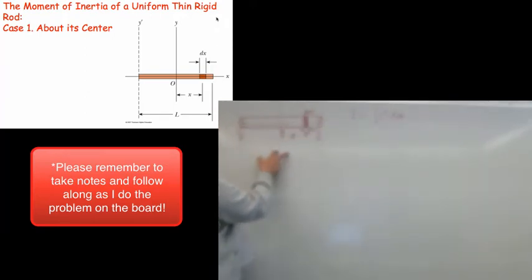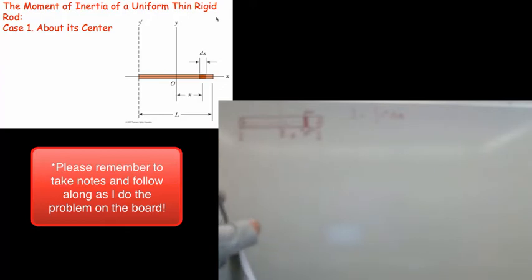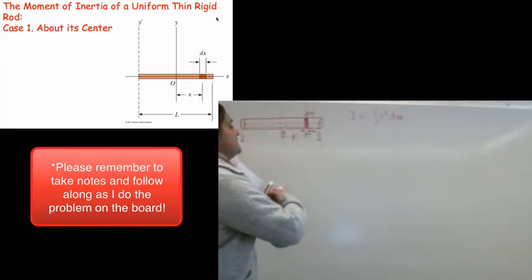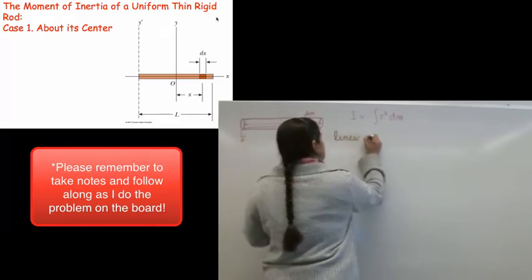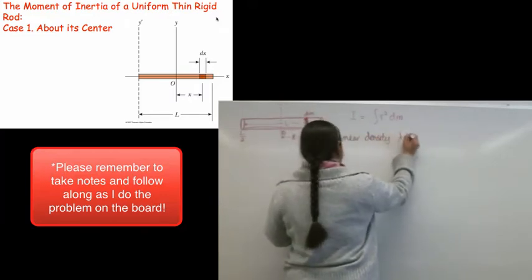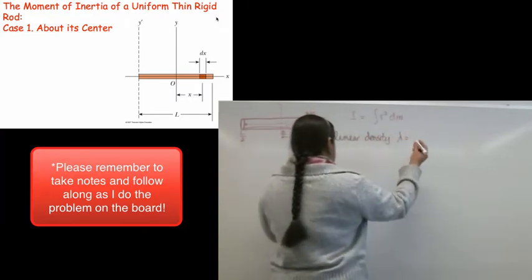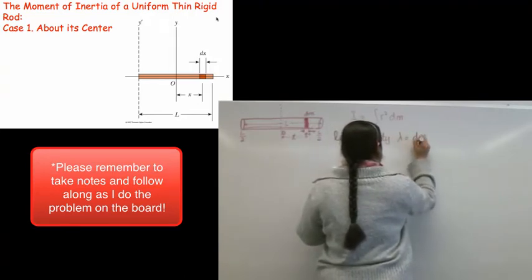So this is now a one-dimensional thin rod. In this case, I am going to talk about something that's called the linear density. So linear density is going to be defined as lambda, which equals dm over dx.